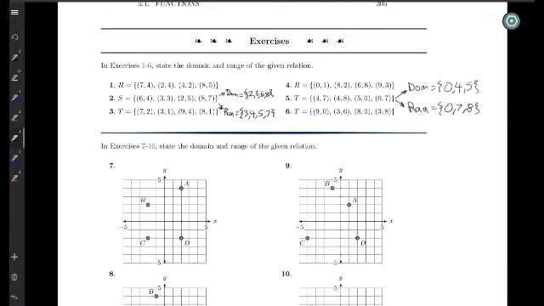And we can say that S is a function because all of the elements in the domain are distinct. T, however, we have 4 here twice, and it has different values, 7 and 8. So, not a function.